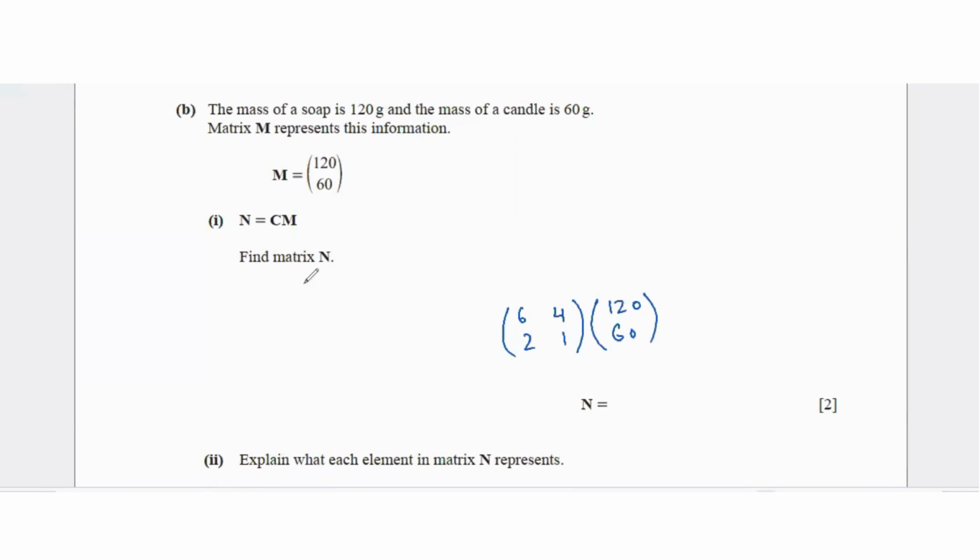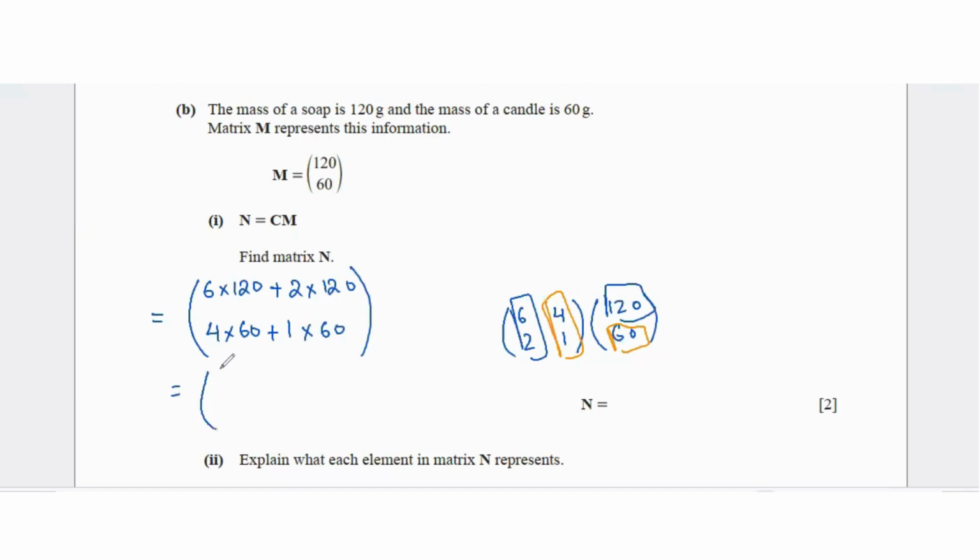So what we're going to do is multiply these two matrices, and the multiplication is going to be like this. This gets multiplied with this, and this gets multiplied with this. So basically, it's going to be 6 times 120 plus 2 times 120, 4 times 60 plus 1 times 60.